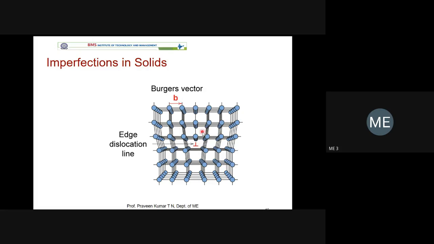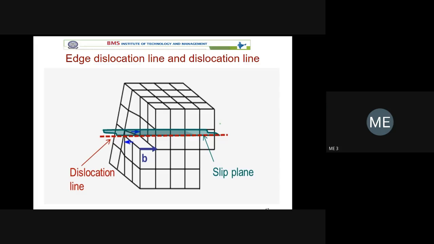If this plane is also continuous, then it is not referred to as an imperfection. Only half of the plane of atoms is here above this slip line. This line is referred to as the slip line. Then it is referred to as an edge dislocation. The simple sketches are available. You can see here. You have to understand one more plane also. That is referred to as the slip plane.